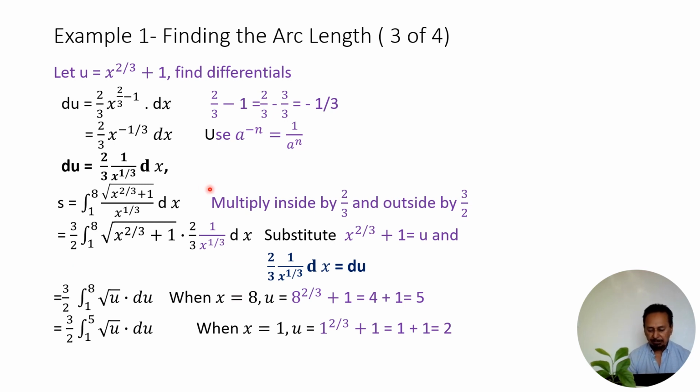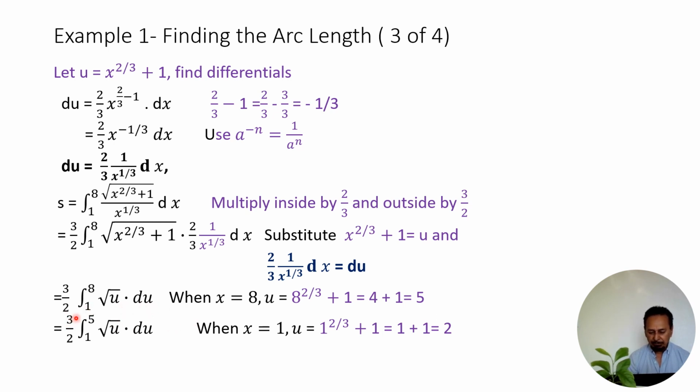Now we can make changes. This whole thing changes to du, and the expression under the radical sign, x to the 2/3 plus 1, we set to u. So now we have 3/2 times the integral of the square root of u du.